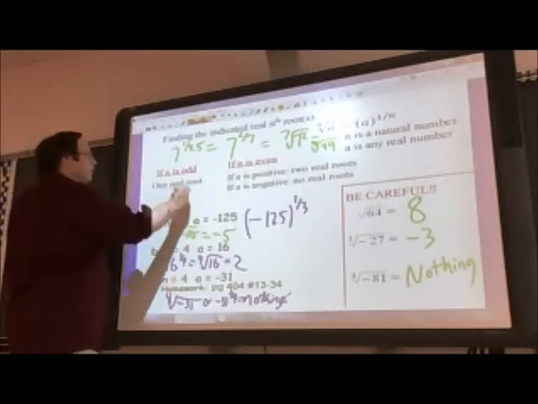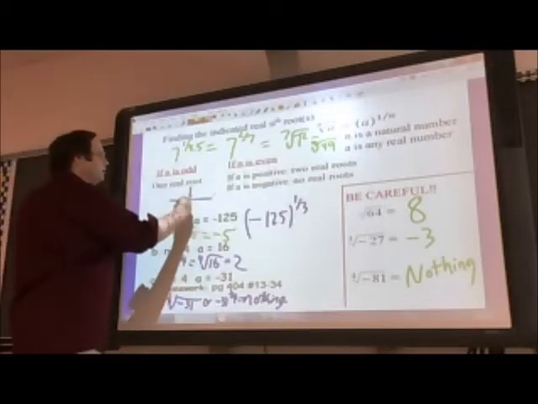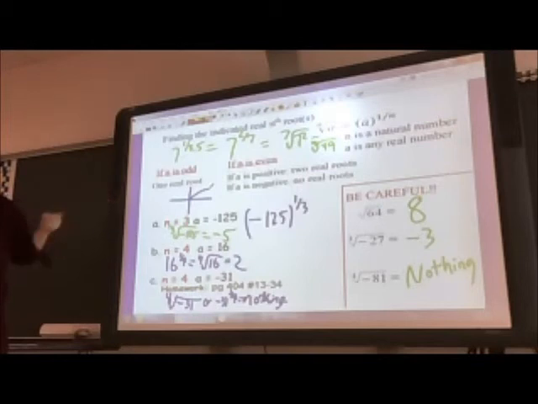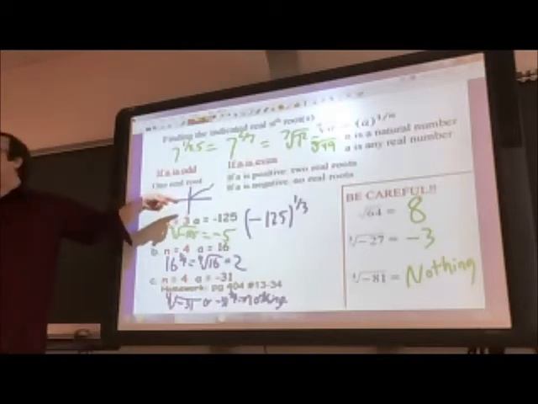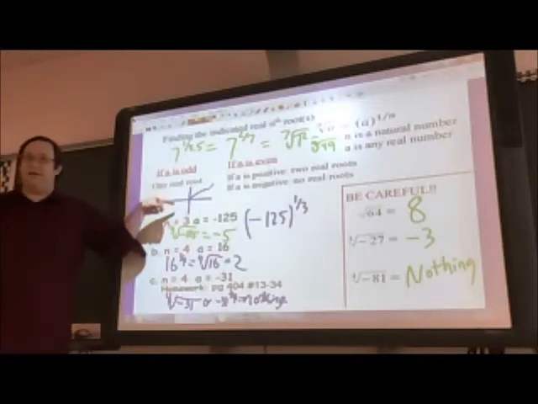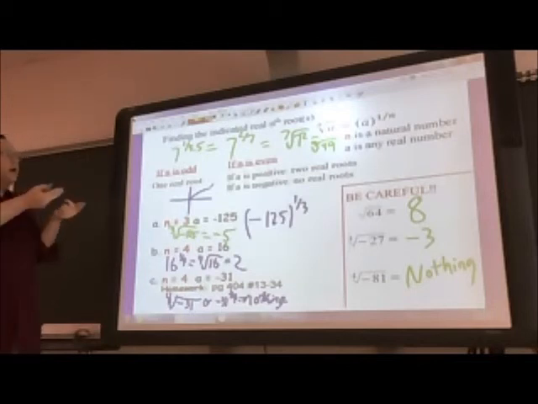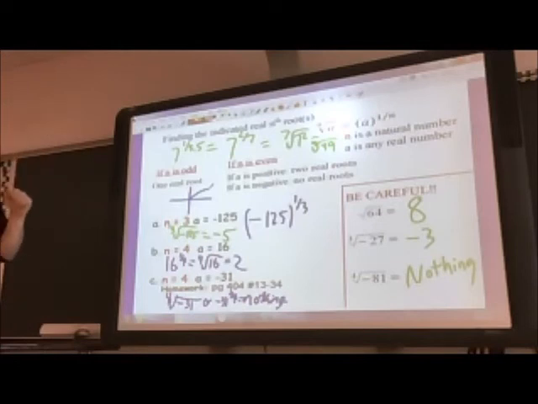It looks a little like this. You notice that doesn't have any negative answers, right? But the square root of x squared can have negative answers, because if you're putting a number in there and you're squaring it, you can have negative answers.